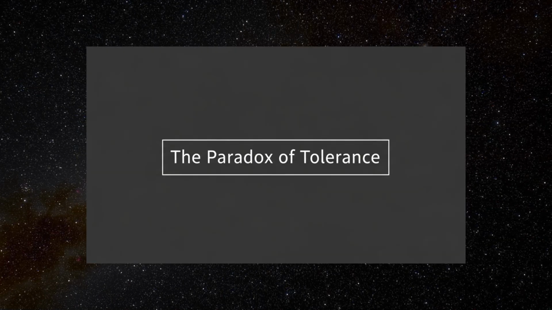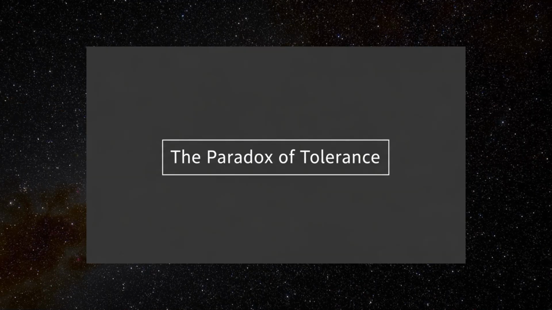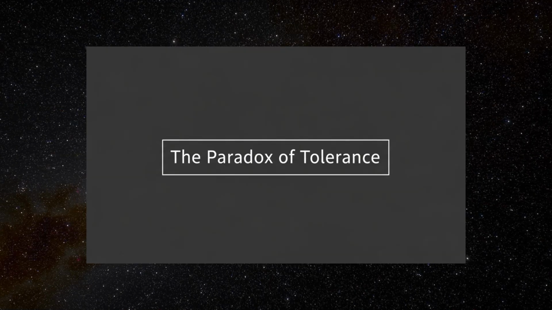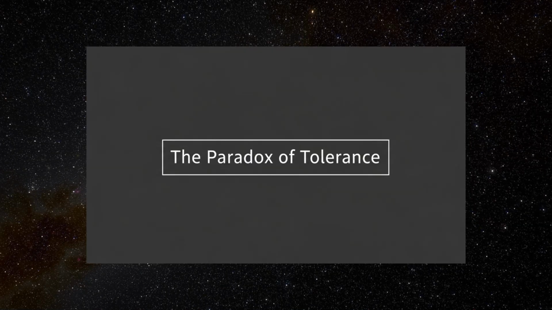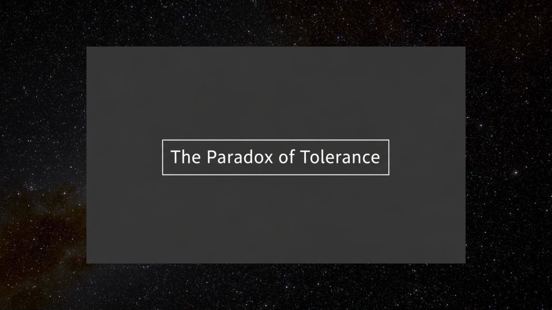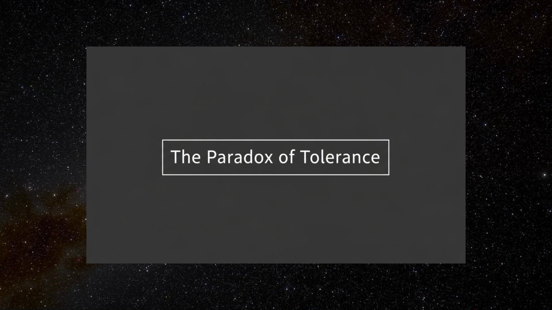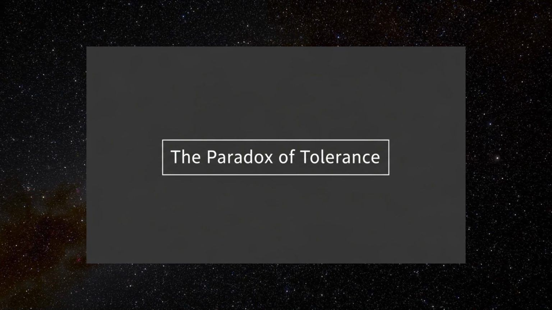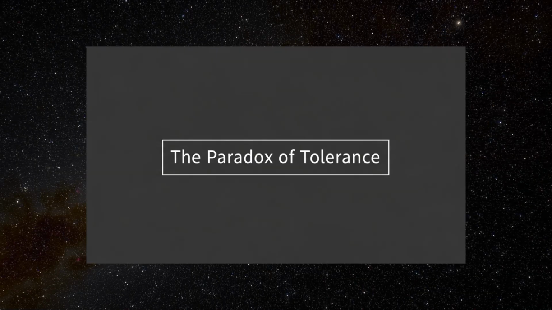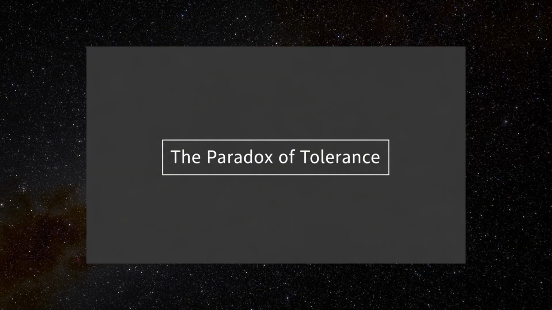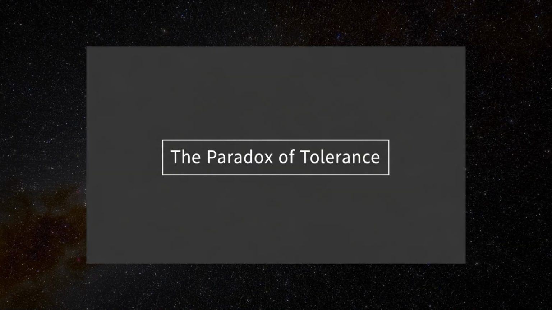In this sense, tolerance taken to its extreme can lead to its own extinction. This idea is not just theoretical, it has real-world resonance. Totalitarian regimes throughout history, such as Nazi Germany, have demonstrated how democratic systems can be manipulated by extremist ideologies that exploit the freedoms they ultimately seek to abolish.